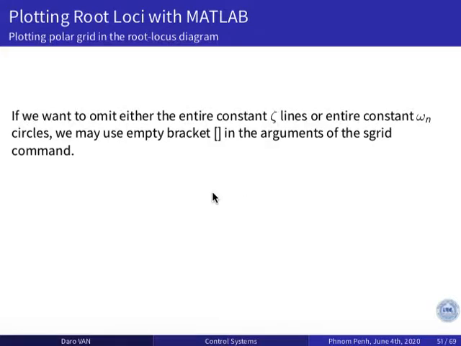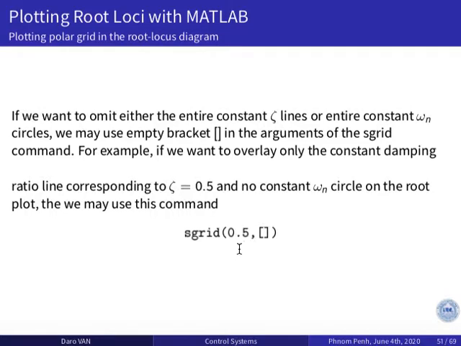And if we want to omit either the entire constant zeta lines or the entire omega n circles, we may use empty brackets in the arguments of the sgrid command, like this. So in this case, you want to see this, but you don't want to see omega n.